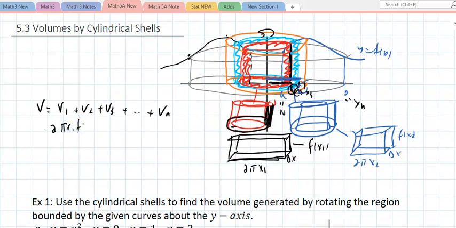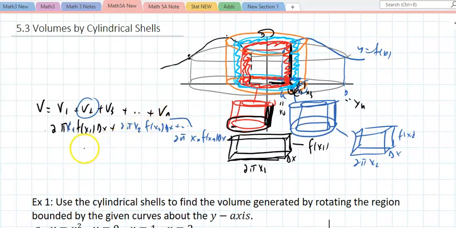So this would be 2 pi r1 f of x1 delta x, plus for the second it will be 2 pi r2, which is x2, I should have said that's x1, f of x2 delta x, plus, and when I get to the last one, that is 2 pi x sub n f of x sub n delta x.